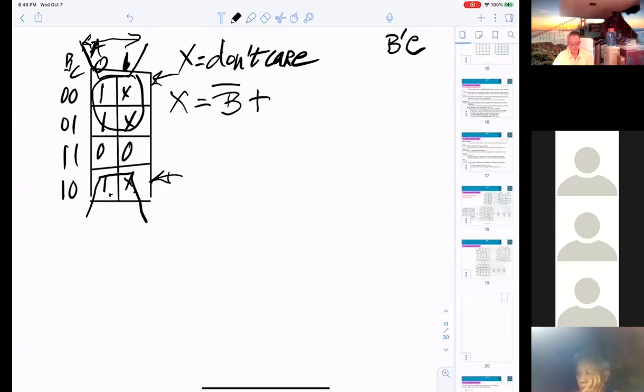The bottom one, is that BC? I want to see who gets the answer for that loop. Again, inside the loop, if the variable equals 0 and 1, ignore that.